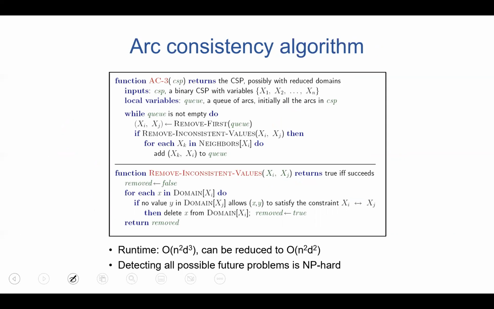So let's look at the code if you want to understand where this number has come from. Let's see, n squared d cubed. You see at the top, while Q is not empty, do this. So basically you're doing this for each pair of variables, right?